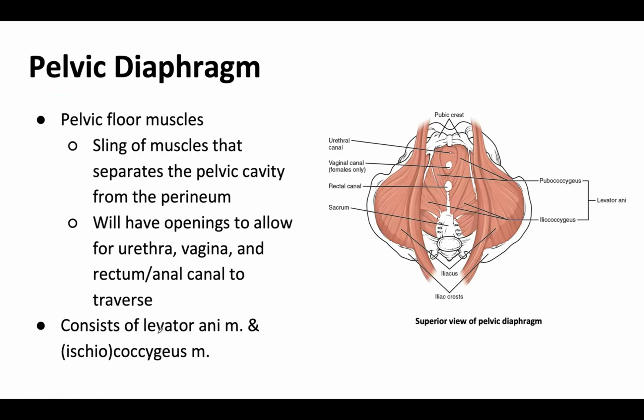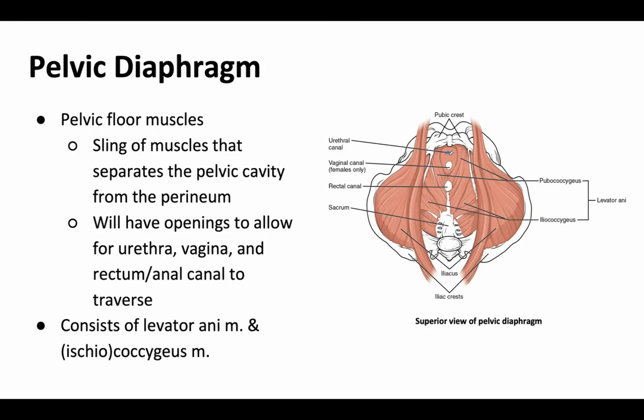Moving more to the pelvic floor, which is shaped like a funnel or kind of a sling shape, the pelvic diaphragm. These muscles and their fascia will separate the pelvic cavity from the perineum, lying within the true pelvis. And these muscles will have openings or apertures that allow for viscera to traverse.